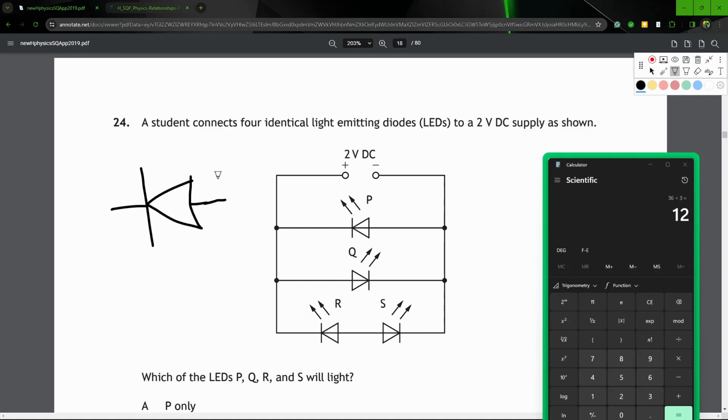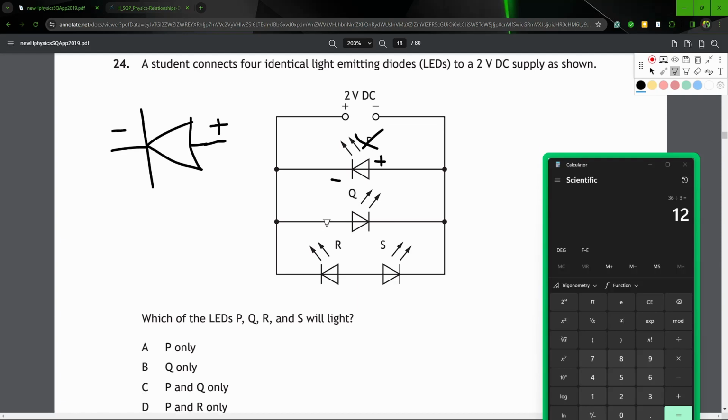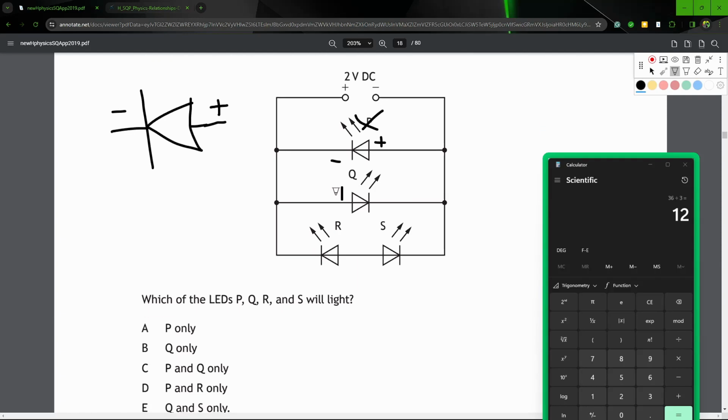So that means that'll be positive there and negative there. Okay, so we can just have a look down here and see if any of these matches up. Well, that's negative and that's positive there, and that's not lining up. So P won't light, but Q on the other hand, that seems like a winner. It's flipped around the correct way.